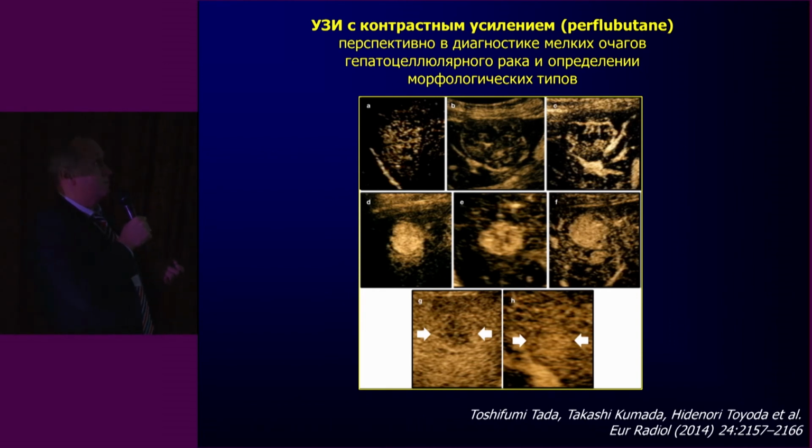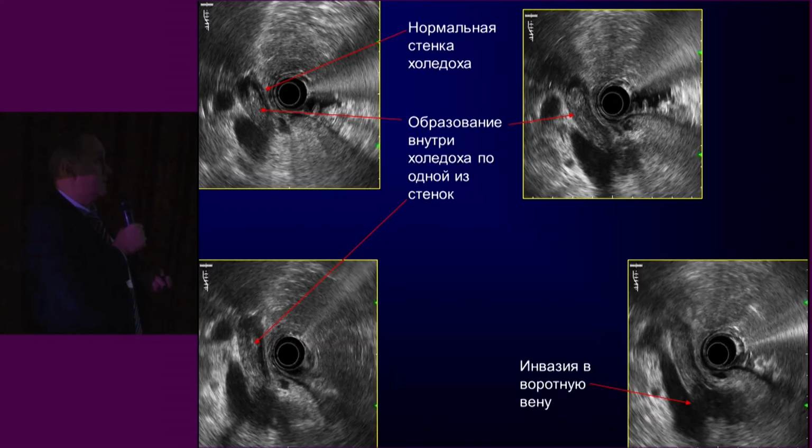It's so great. We work with the companies promoting it, and due to the presence of gas bubbles, it is very effective in diagnosing the origin of lesions in the liver.